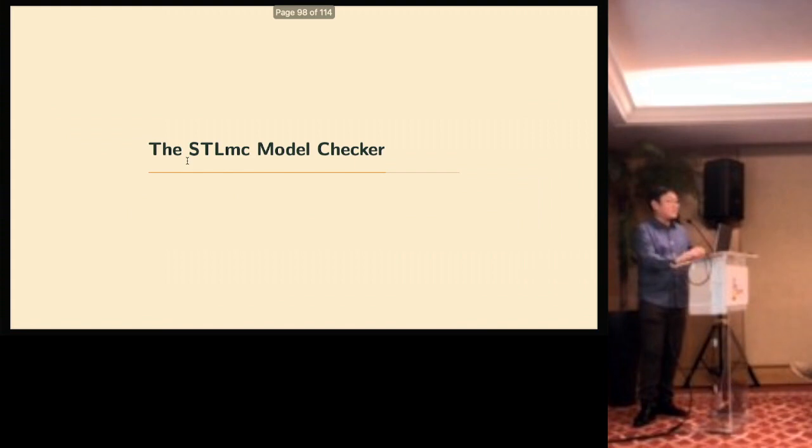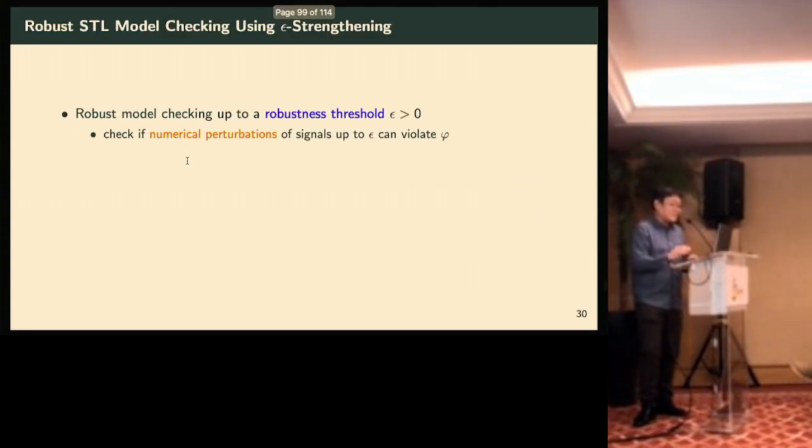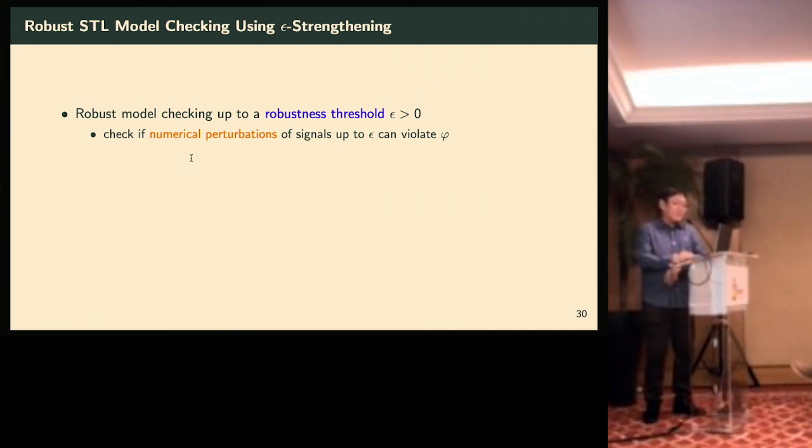Now, using that, we developed a model checker. Before doing that, we also consider a slightly simplified setting of robustness. Basically, we want a robust model check up to some robustness threshold. That means for any numerical perturbation up to some threshold, the result should not change.